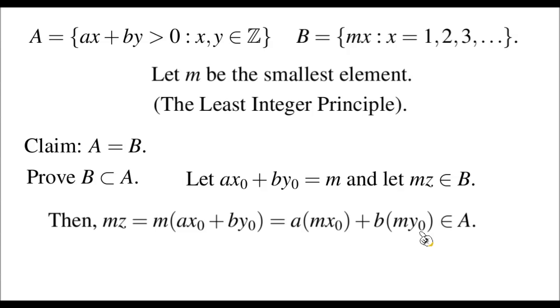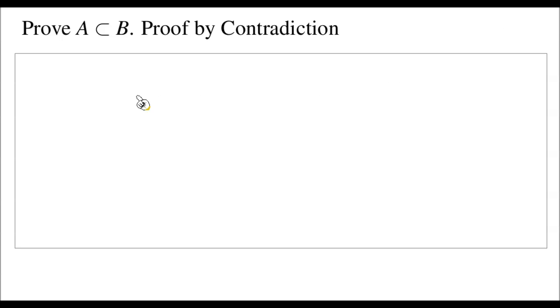Anything that is in that combination is in A, and this is of course positive because we pulled out a positive number in here, because m is positive, and we're multiplying positive numbers. So I think this proves that any element in here is an element in A, because it looks just like this one here.